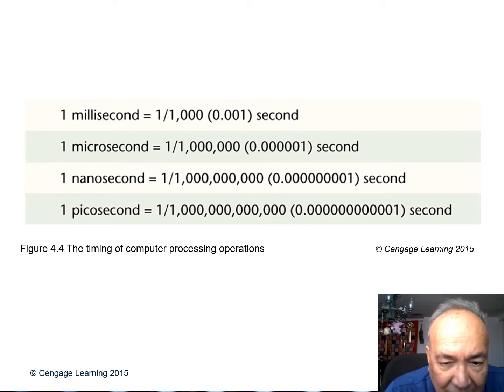Computers solve problems very fast: milliseconds, microseconds, nanoseconds, picoseconds. So fast, better than our brains. But sometimes our brains work better because we have kind of insight.